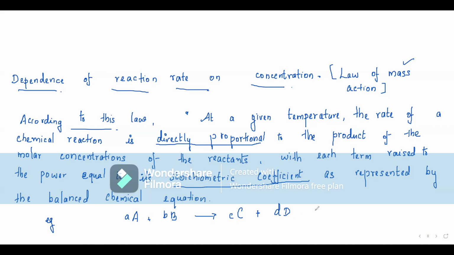Look at this equation. This is a little difficult to understand if you don't remember what you have studied last year, so let me explain this. This is the hypothetical reaction which I have taken: a moles of capital A and b moles of capital B. Capital A and capital B stand for certain chemical compounds. Small a and small b stand for the number of moles of those compounds.